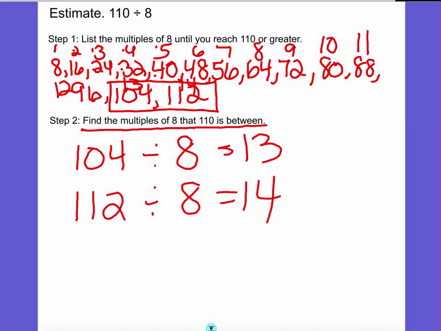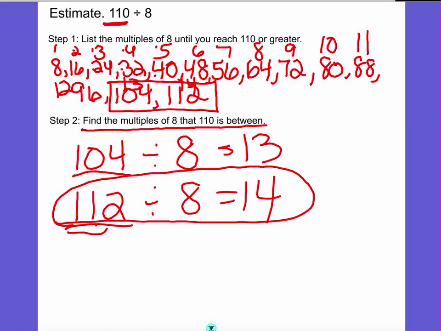Now, when we're looking at 110, we have to decide: is 110 closer to 104, or is 110 closer to 112? And 110 is closer to 112, so we're going to use this one.